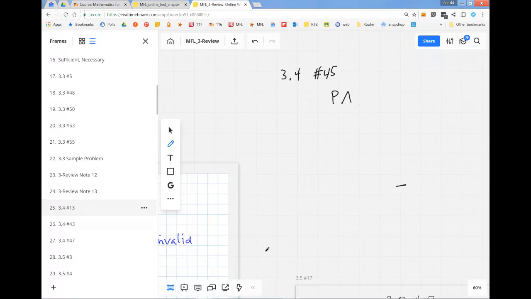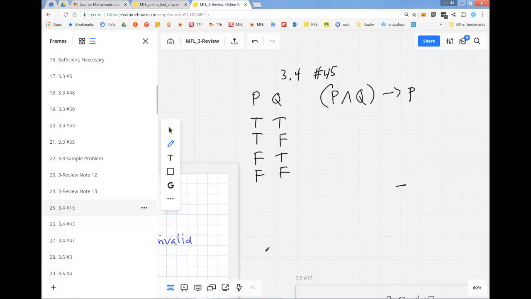P and Q. So that should be the statement, right? So we have 2 statements, P, Q. Pretty standard: true, true, false, false, true, false, true, false. Okay, parentheses first, P and Q.